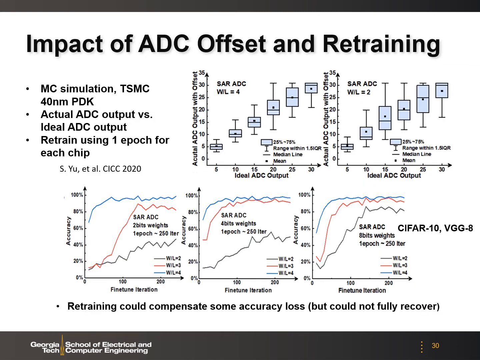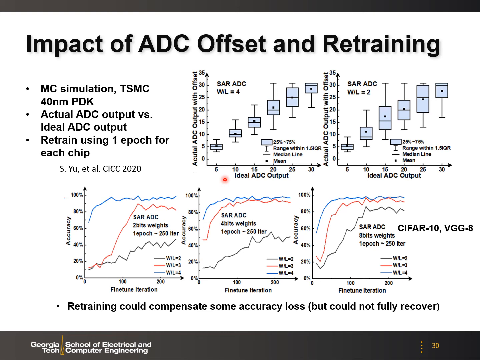One potential algorithm-level technique to compensate the ADC offset is to perform the retraining from chip to chip. So here we show the ADC offset pattern from the Monte Carlo simulations. And then after each chip is manufactured, we run the inference on each chip, and then we generate the prediction compared to the true label.